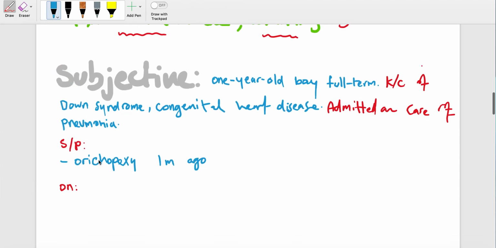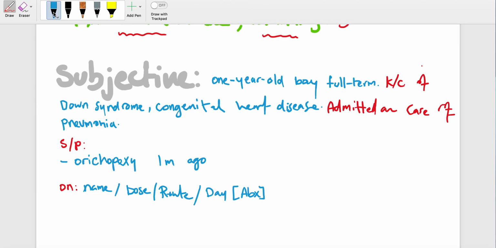You write the name of the medication, the dose, the route of administration, and the day, especially in case of antibiotic, because the antibiotic is a course and should be finished. So you have to write down the day.